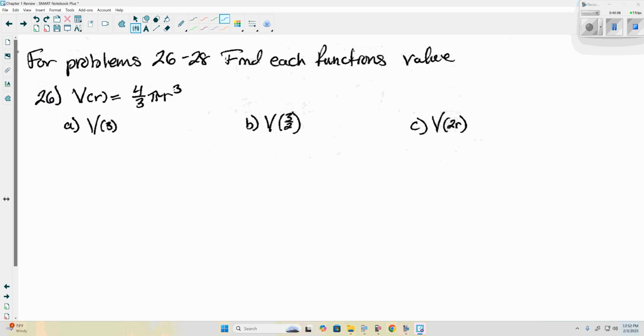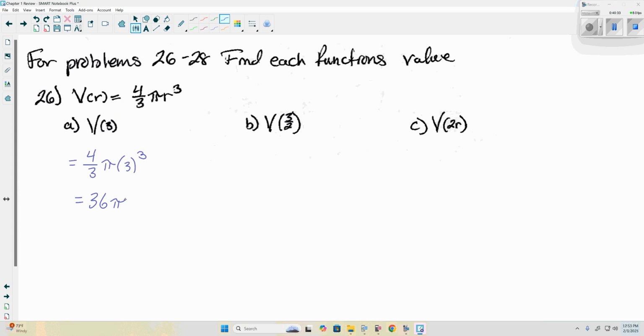We'll finish up with 26 through 28. 26, find the value of each function. So V of 3. I just plug that value in. Which for us here would be 36 pi.